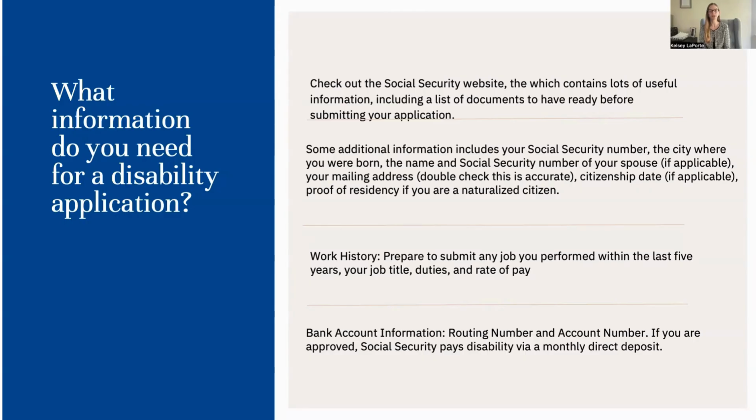So before you start the process of applying for Social Security disability, you must gather your personal information. This includes everything from your Social Security number to your date of birth and even the city where you were born. If you were not born in the United States, you must also gather your naturalization certificate if you're a naturalized citizen, or your permanent resident card if you are a legal resident.